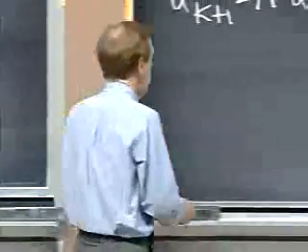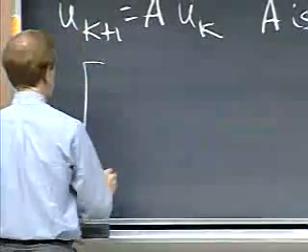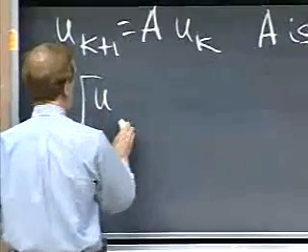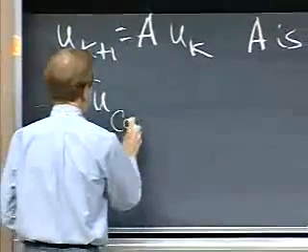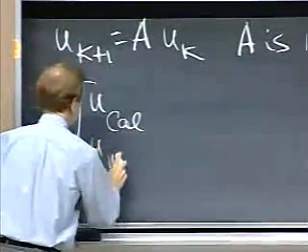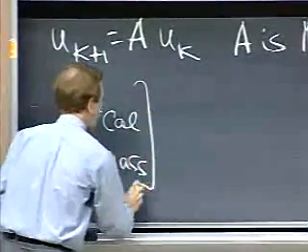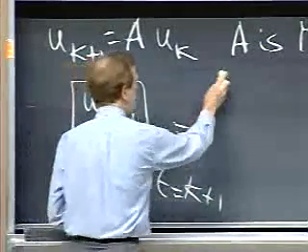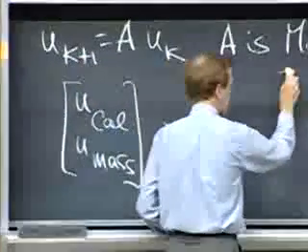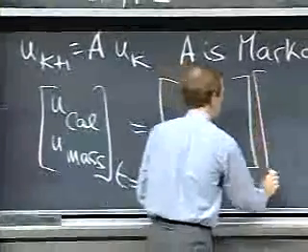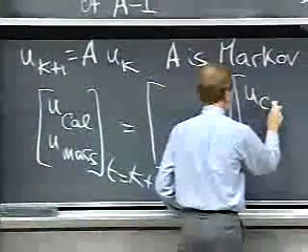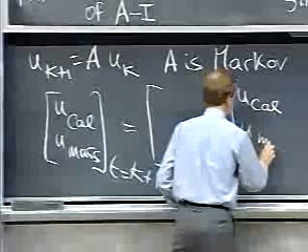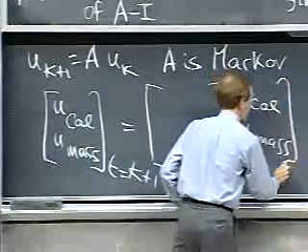Okay, so what would be a typical matrix then? So this would be U California and U Massachusetts at time k plus 1. And it's some matrix, which we'll think of, times U California and U Massachusetts at time k.